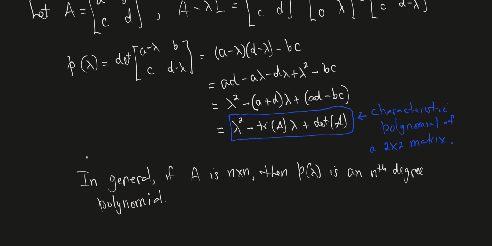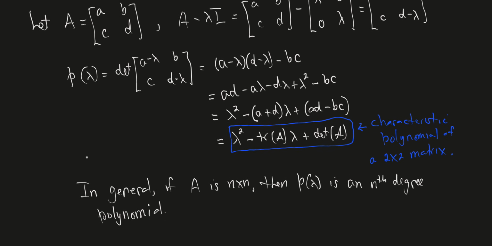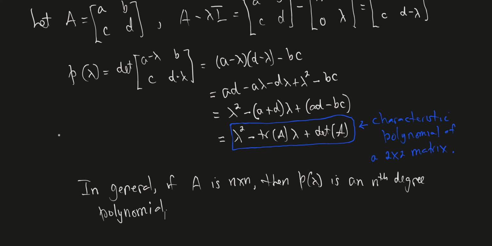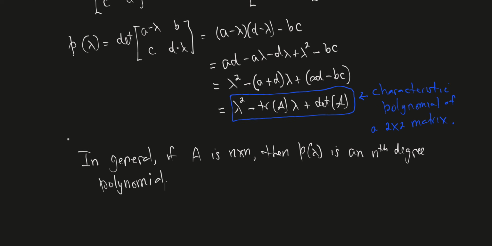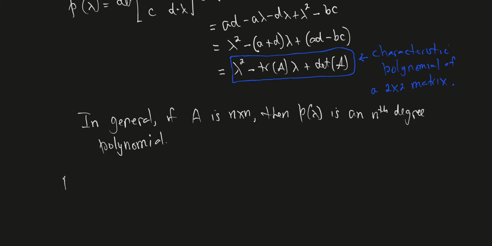So let me just do a quick example, finding the characteristic polynomial of a 2 by 2 matrix and then finding the eigenvalues. I'm not going to find the eigenvectors, but just to show you how we can utilize this to at least streamline the first part of our process, finding the eigenvalues. So let's do an example.